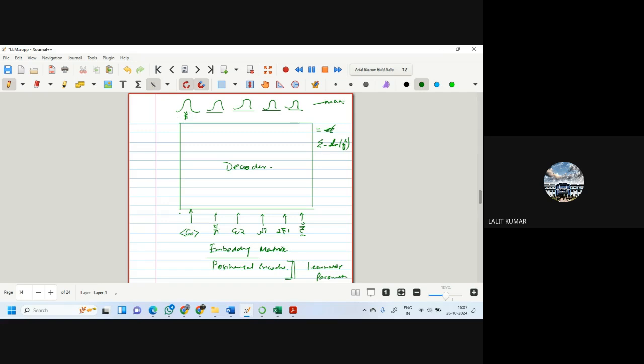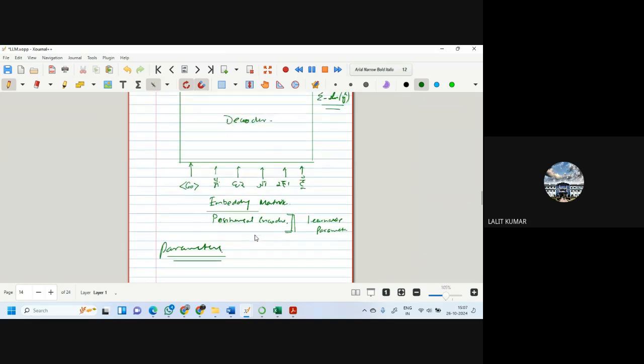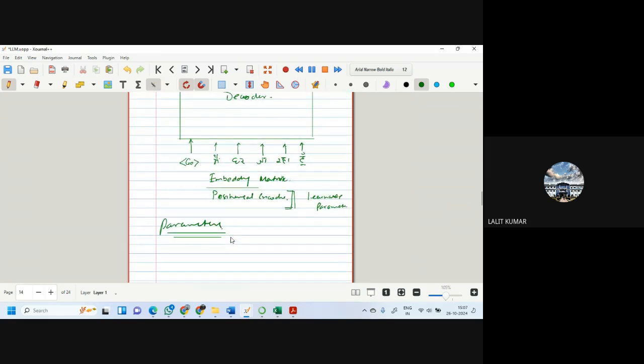If this concept is clear, then at least we know. Till now, I wanted to cover what is happening in an encoder and what is happening in the decoder. So if a question comes with a twist, we should be able to answer. What are the parameters? And like the encoder, in the decoder also layer norm is happening.